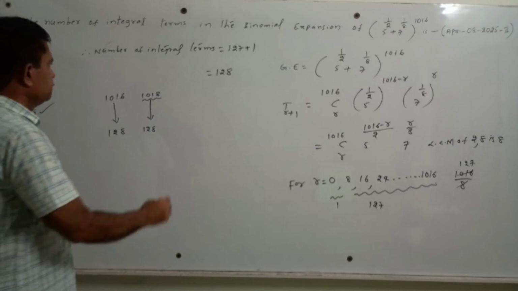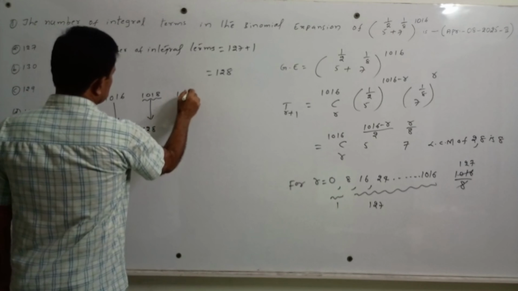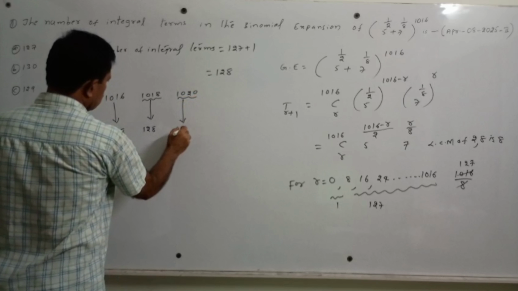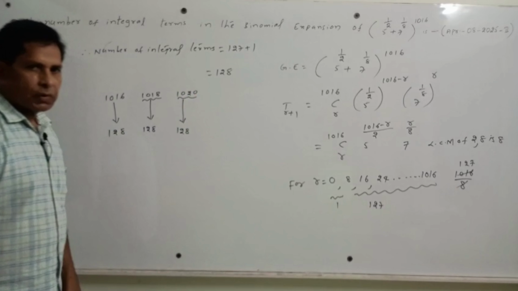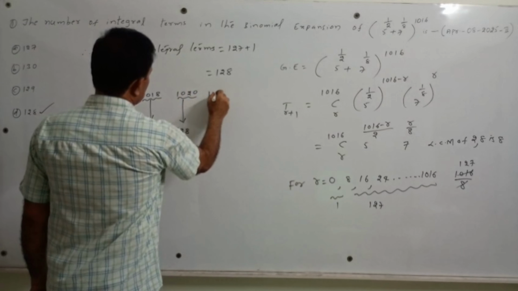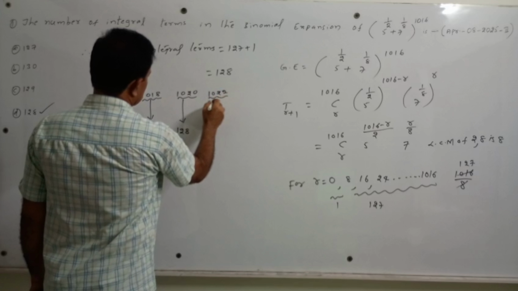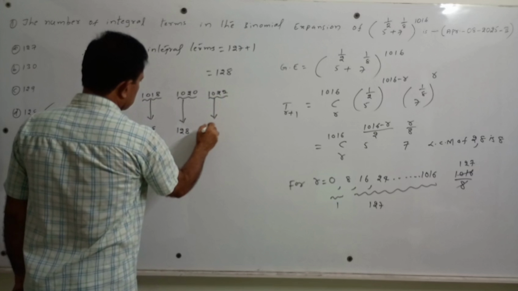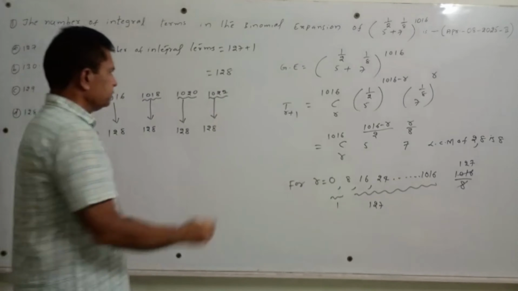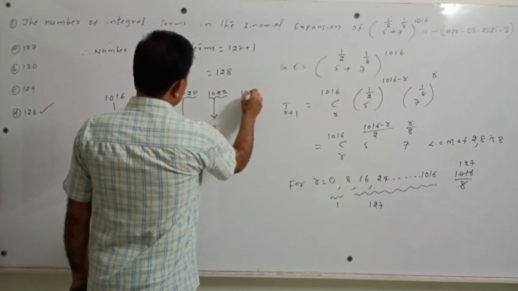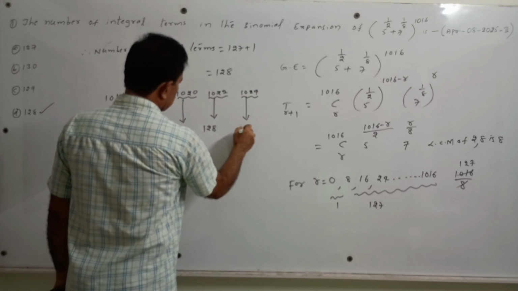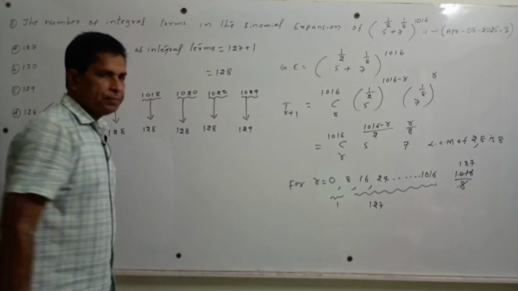Again add 2, 1020, the number of integral terms will be 128 only. Again add 2, 1022. In this case also the number of integral terms is 128. Again add 2, 1024. In this case the number of integral terms will become 129.